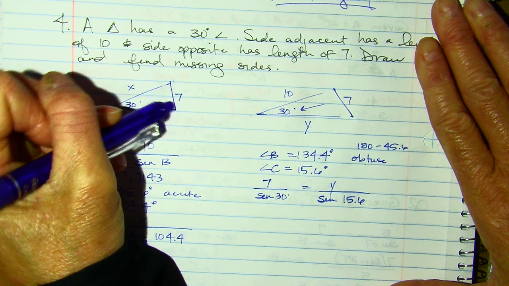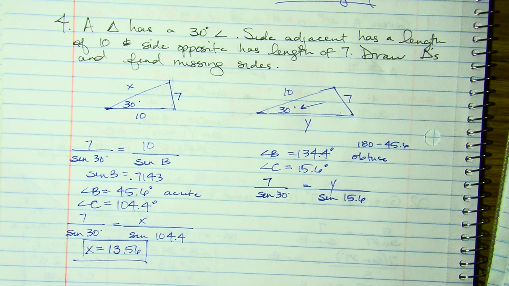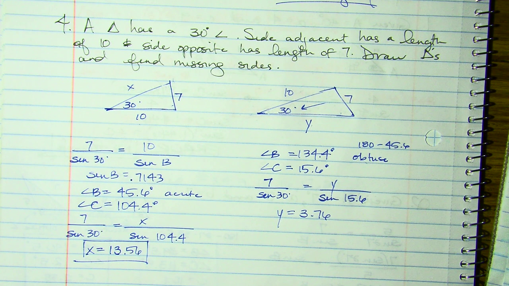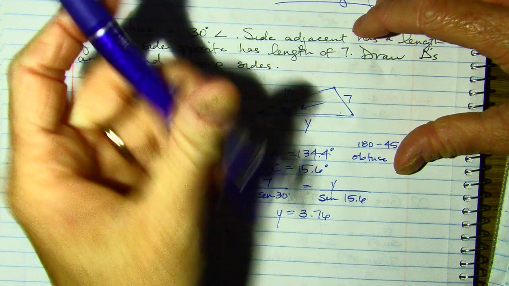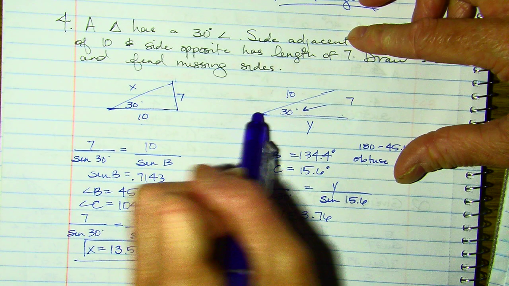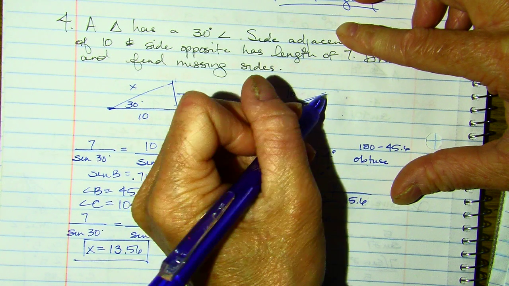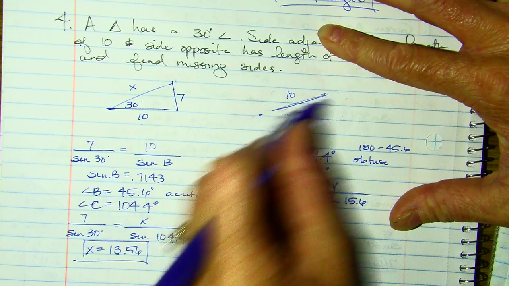Like I know it should be over. So, sorry, sine of 15.6 times 7 divided by the sine of 30, and y equals 3.76, which makes this drawing not make sense. That's why. It's my drawing that doesn't make sense. I was like, wait, okay. Let me redo my drawing of my triangle.